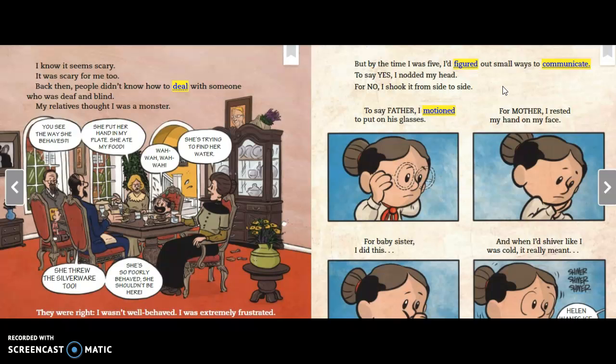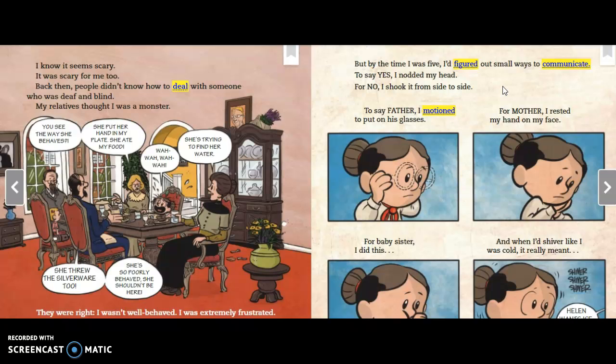To say father, I motioned to put on his glasses. For mother, I rested my hand on my face. For baby sister, I did this. And when I'd shiver like I was cold, it really meant, Helen wants ice cream. Shiver, shiver, shiver.